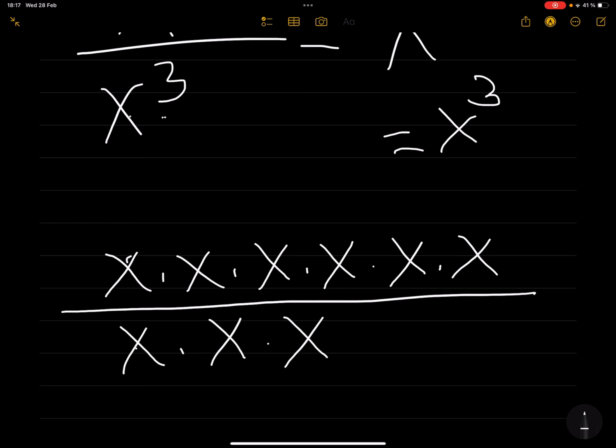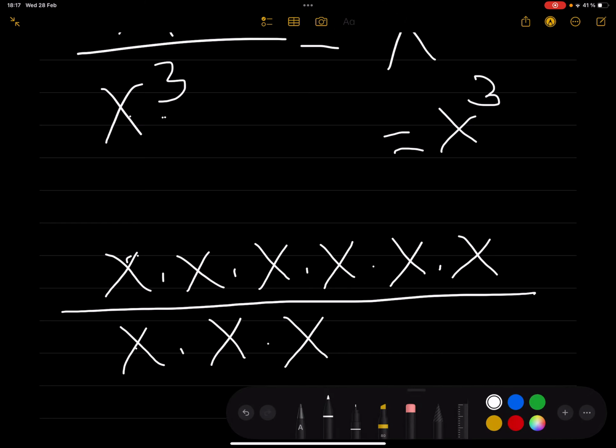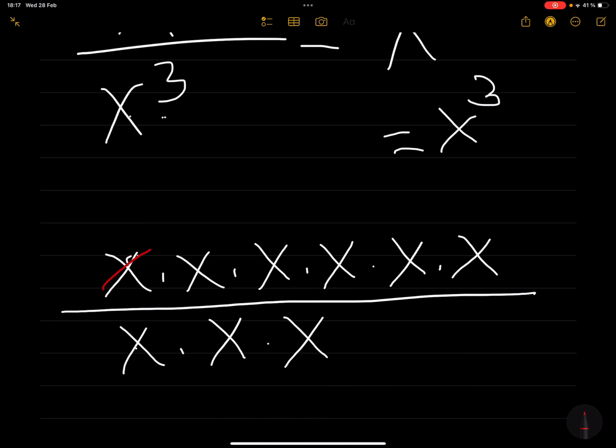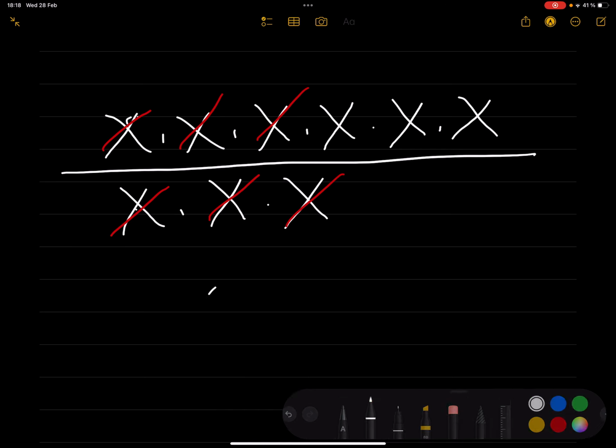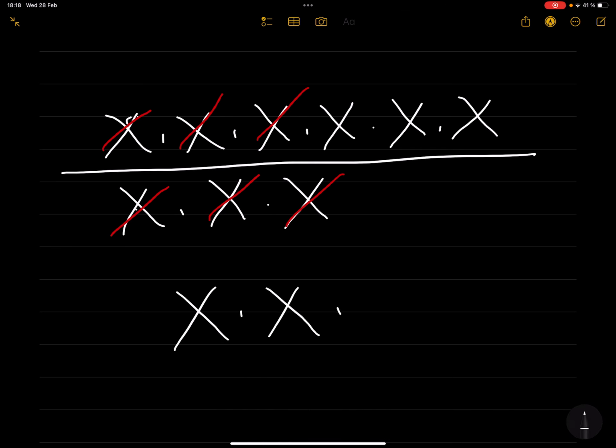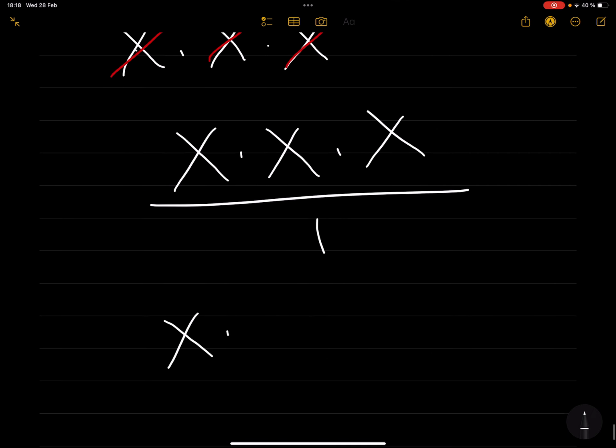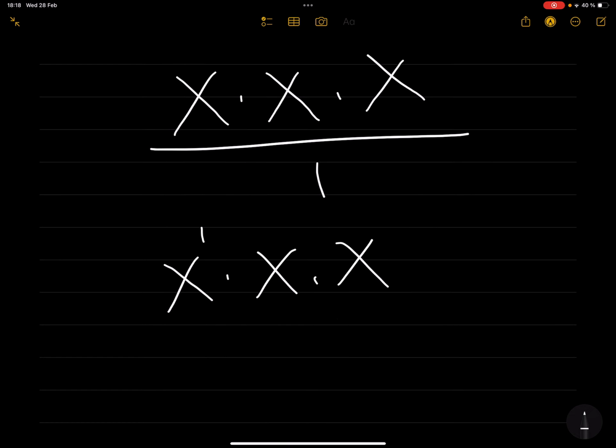The x's cancel out: x cancels x, and x cancels x, and x cancels x. So what you are left with is x 3 times, x times x times x over 1. That's the same as x times x times x, so this is x to the 1, x to the 1, x to the 1.